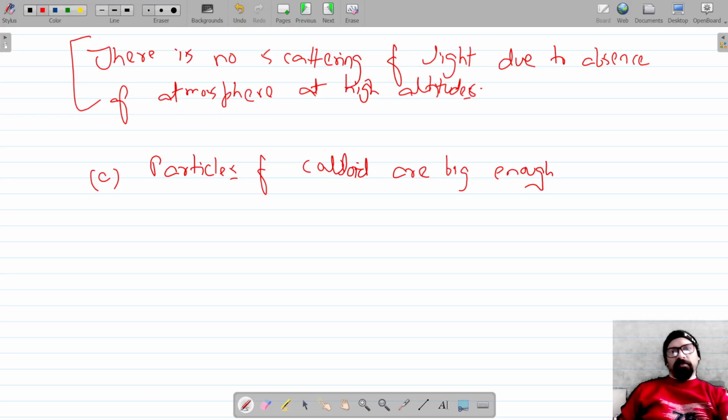Very minute particles scatter color of smaller wavelength, and particles of colloid are very big in size, and they are able to scatter all the colors. So it appears to us as a beam of white light. That's why the path is visible to us.